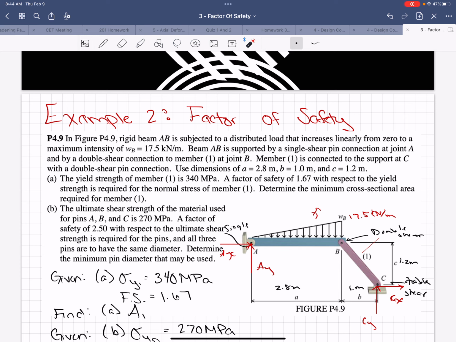So allowable stress is going to be the ultimate stress divided by the factor of safety. Then we use that allowable stress so that we can calculate these minimum pin diameters that can be used. And we want the same diameter for all three pins.